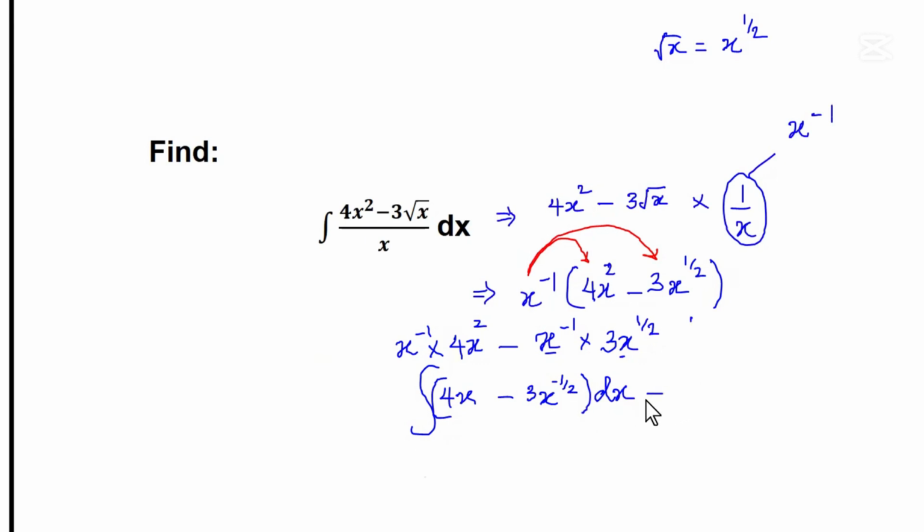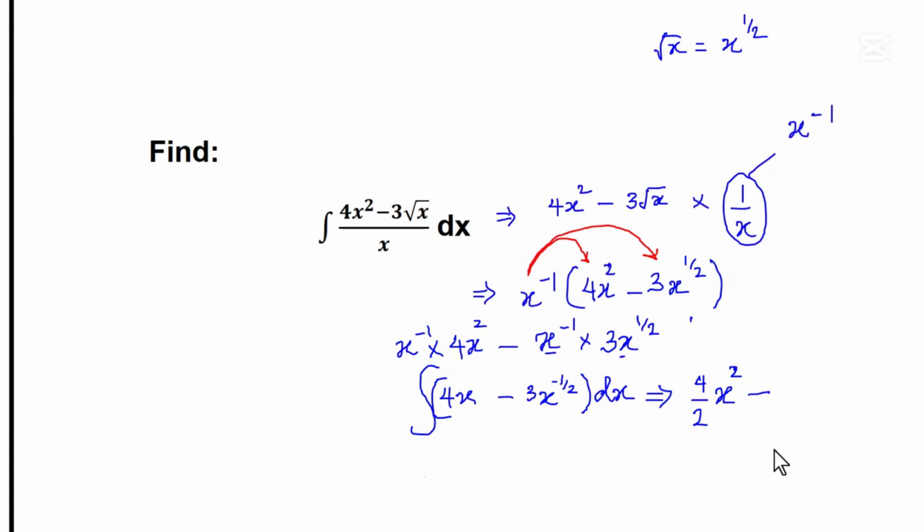To integrate this, we now apply the general rule: increase the power by adding 1 to get a new power, and then divide the term by the new power. In the case of 4x, x is already to the power 1. If I add 1 to the power, 1 plus 1 is 2, so it's going to be 4/2 x to the power of 2.